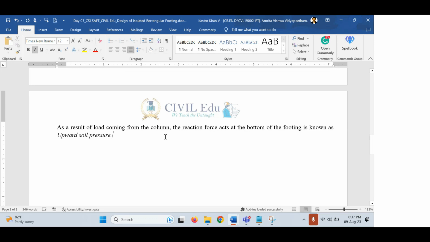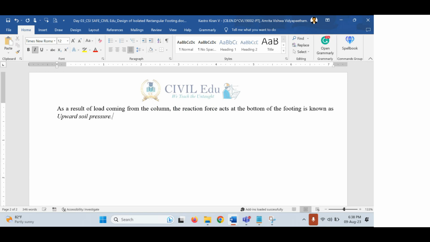And while designing the footings, we have to design for upward soil pressure only, not for the load coming from the column. This is the most important thing.